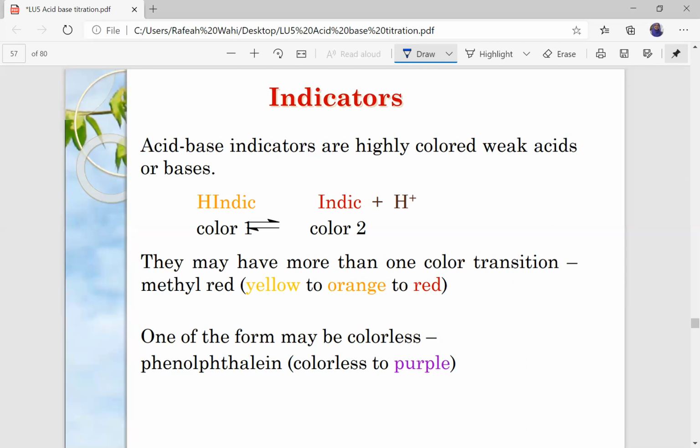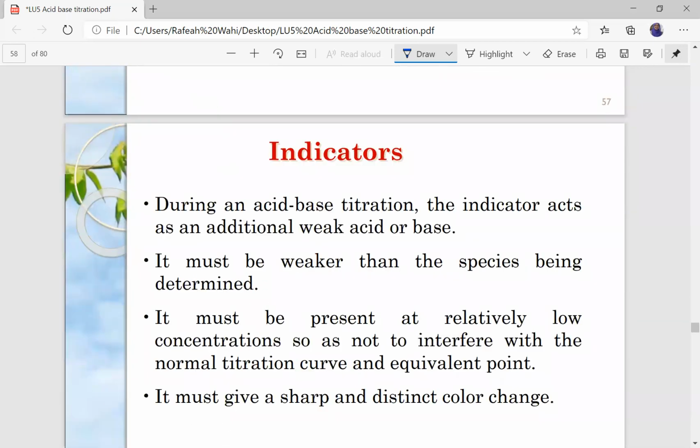Some indicators can even change to colorless. For example, starch can change from blue to colorless, and phenolphthalein can change from colorless to purple.